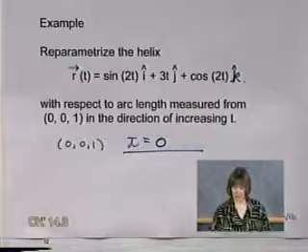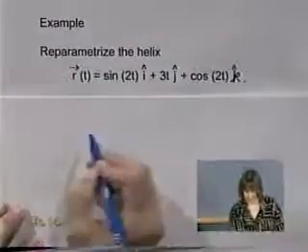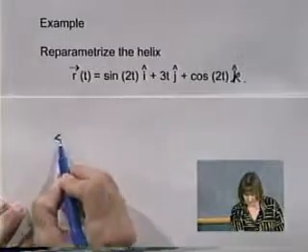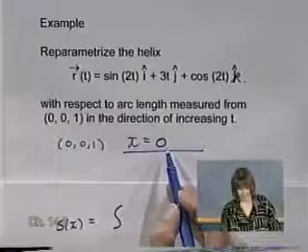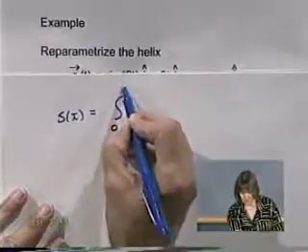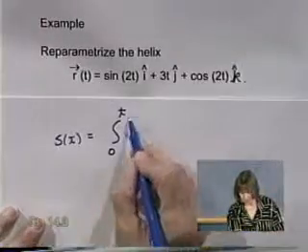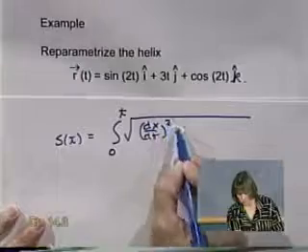All right, now, my arc length is going to be the integral from 0 to t, since this corresponds to t equals 0 on the curve, of the square root of (dx/dt) squared plus (dy/dt) squared plus (dz/dt) squared dt. I'm just using the formula for arc length.